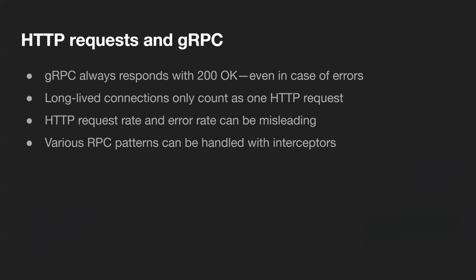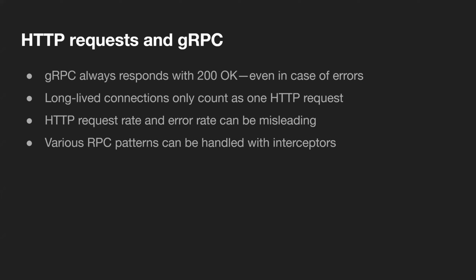And the last thing that I wanted to mention is how HTTP requests and gRPC requests relate to each other. This is also something that can be confusing or surprising at first. One thing is that gRPC is not really utilizing the concepts of HTTP.